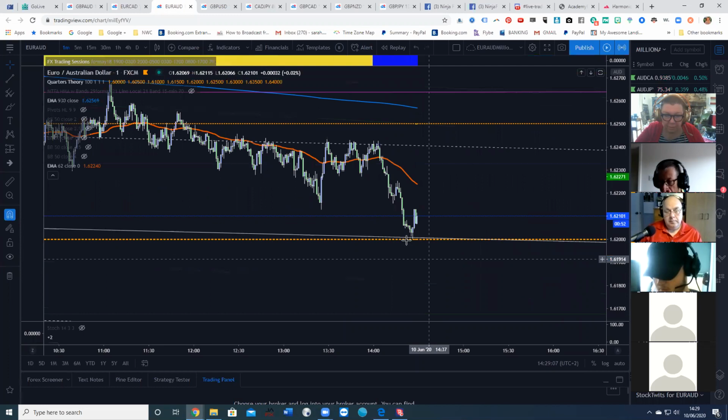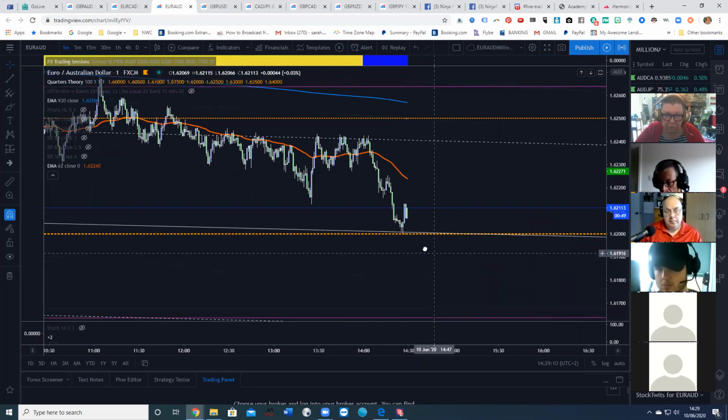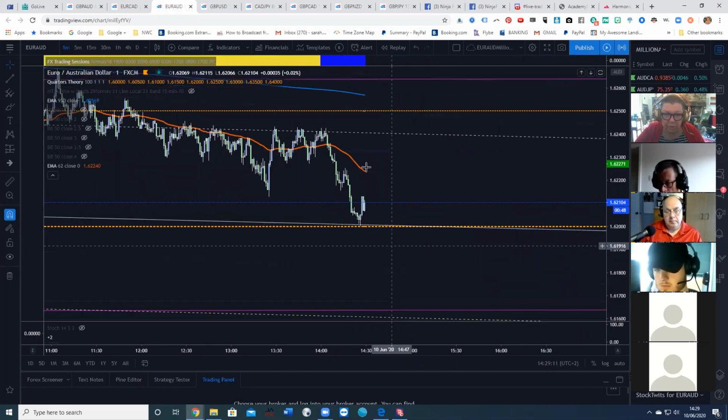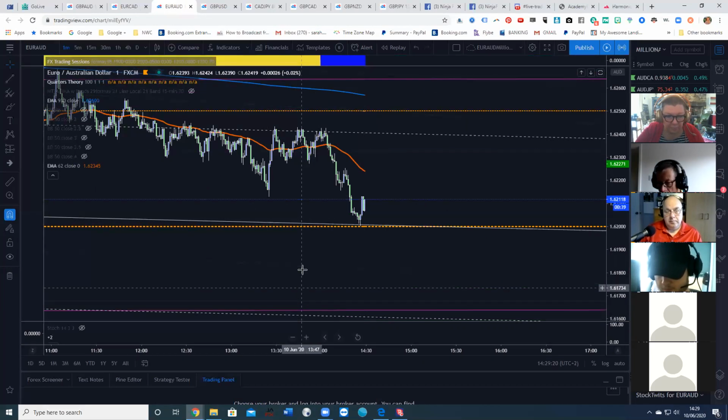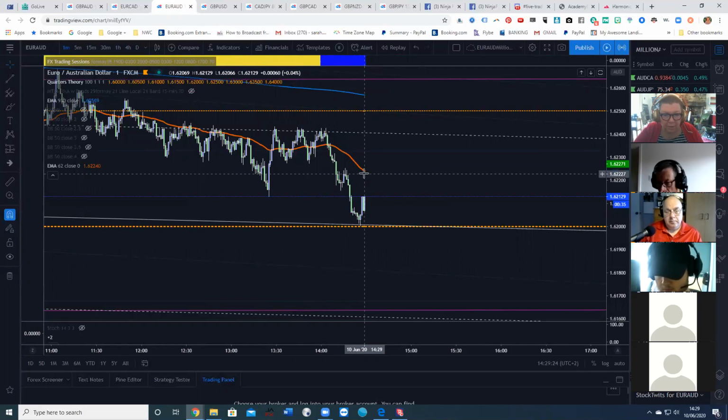That's nice, isn't it? So we've got a rejection of quarter theory and a pitchfork there. It's under the 62. It's still in a very strong downward momentum, the gap between that and the 15-minute. So the only thing I'd say is it might come back up like it has here to test the 62 before coming down further, because it is a fast pair.